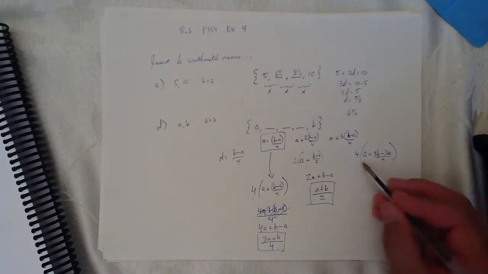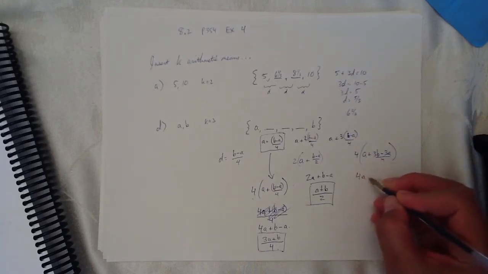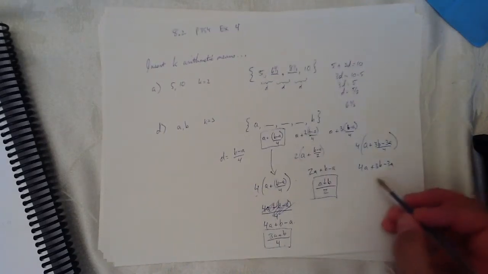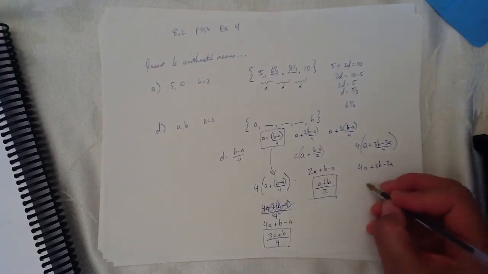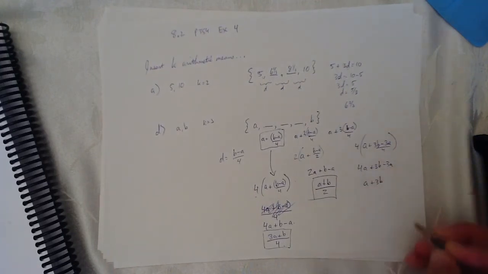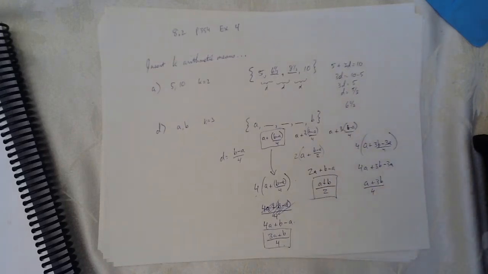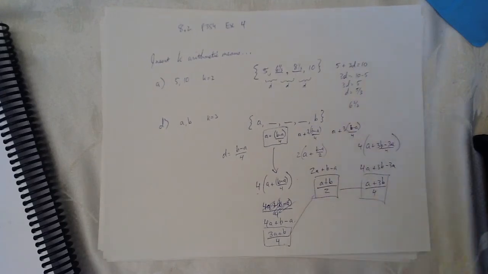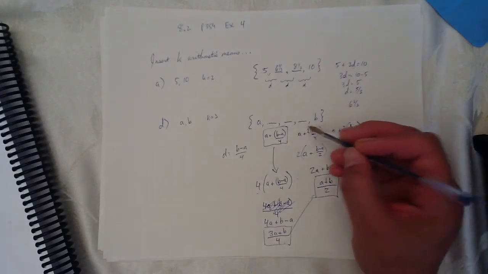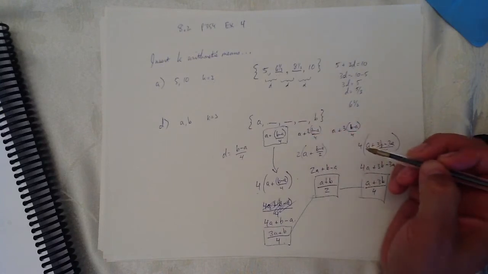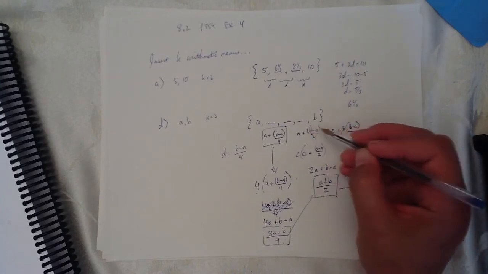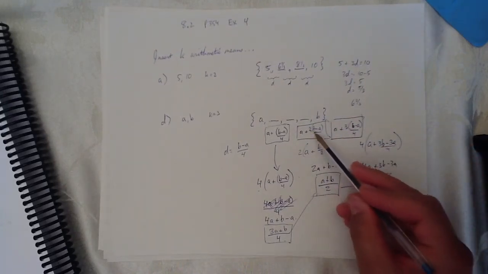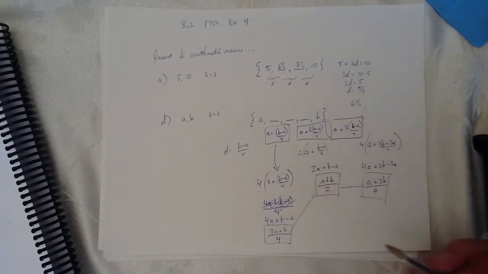So if I multiply by 4, I get 4a plus 3b minus 3a, and 4a minus 3a of course is a, so I get a plus 3b, and now I have to divide it all by 4 again, and it ends up like that, and that's what the answer key shows. So these three are what the answer key shows. These three would be fine, although this one could be simplified with the 2 and the 4 being cancelled out, but they are exactly the same.